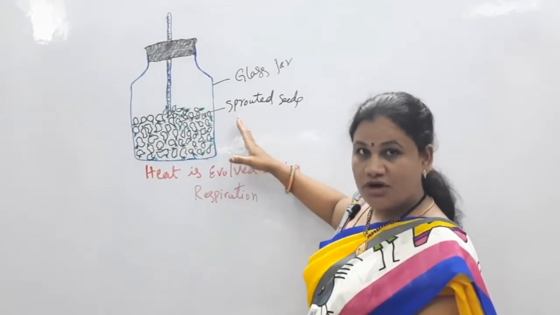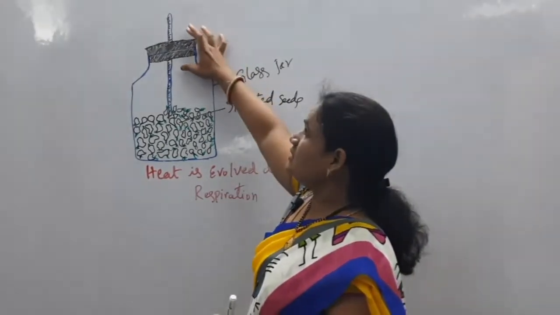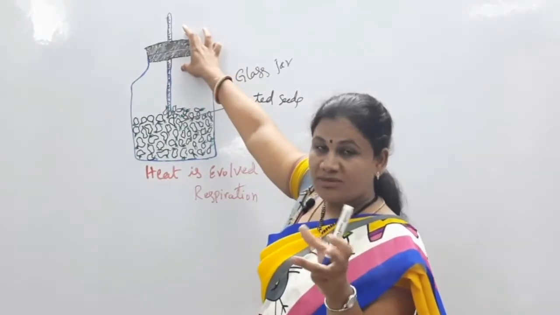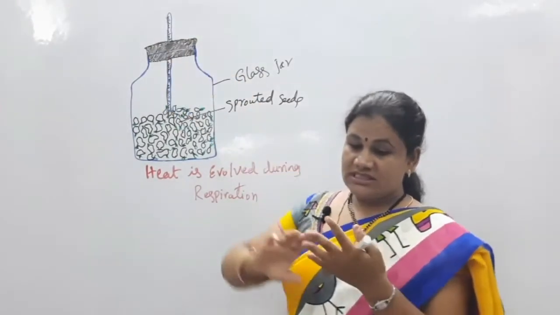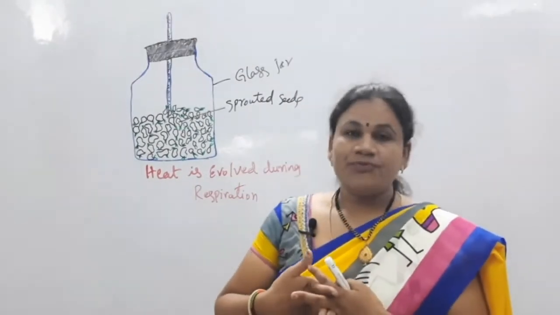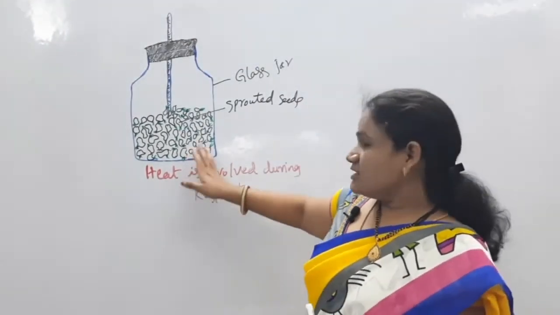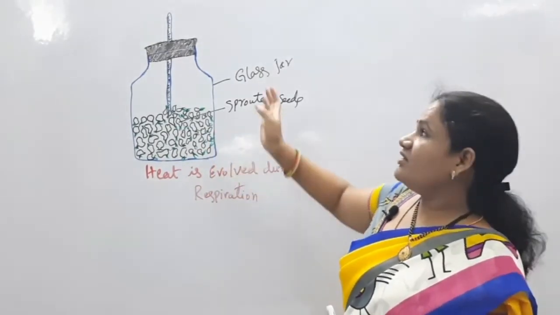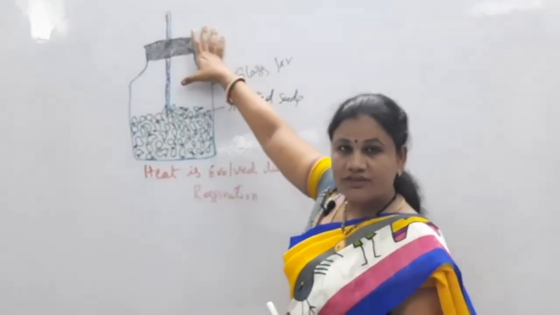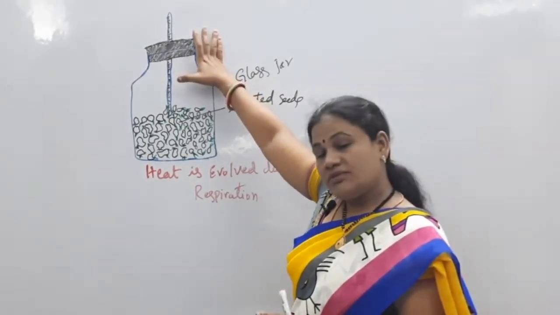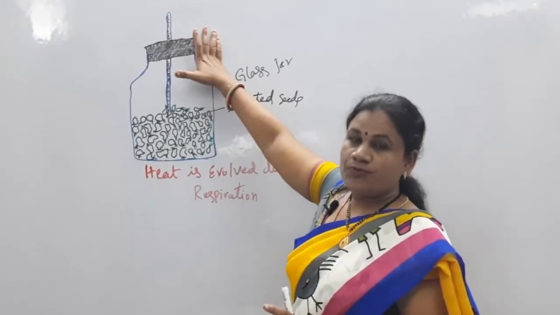The thermos flask should be covered with a cork made of rubber or thermocol. Why? Because rubber and thermocol are great insulators of heat.